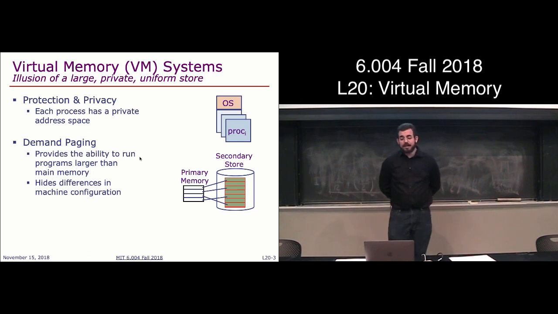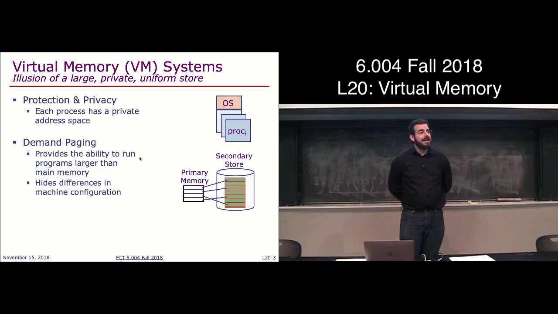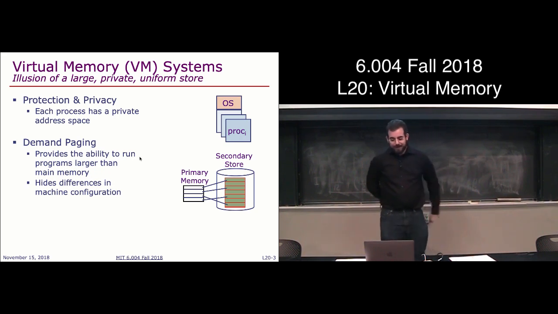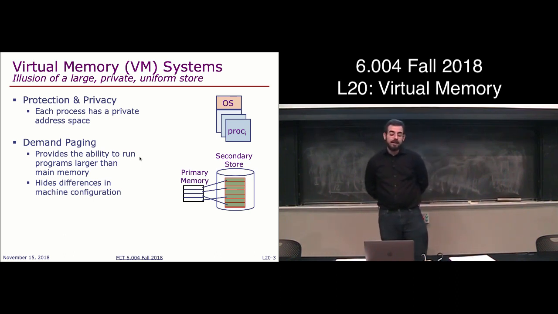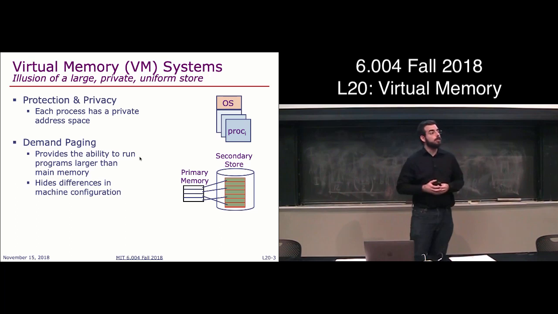Demand paging essentially lets us use main memory, or DRAM, as a cache of disk, right? So essentially, we can support programs that use more data and that access more data than we actually have main memory to support.